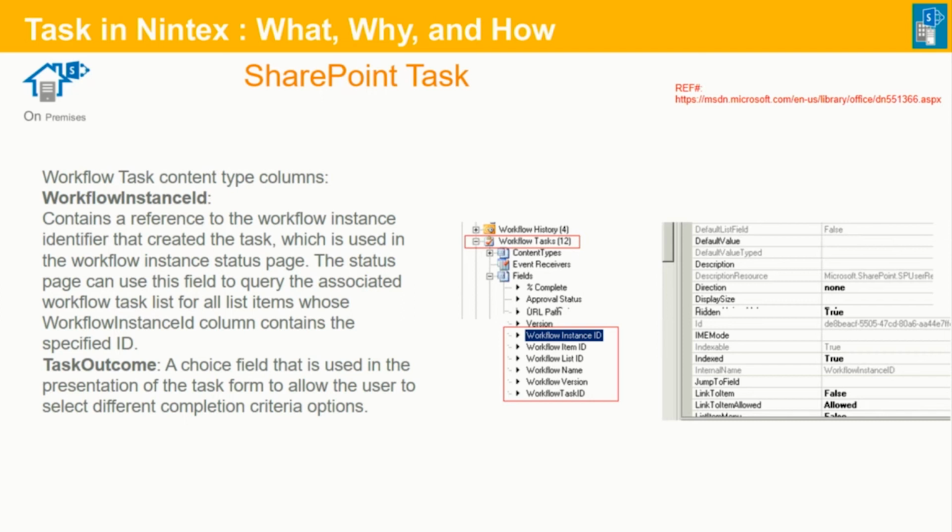It will know which workflow to start from the database and continue. That's something you can look at in the content type. And of course, we have the definition of the task outcome. This is a photo image from SharePoint Manager, where you can look at the workflow task list and see all the columns available on your content type.